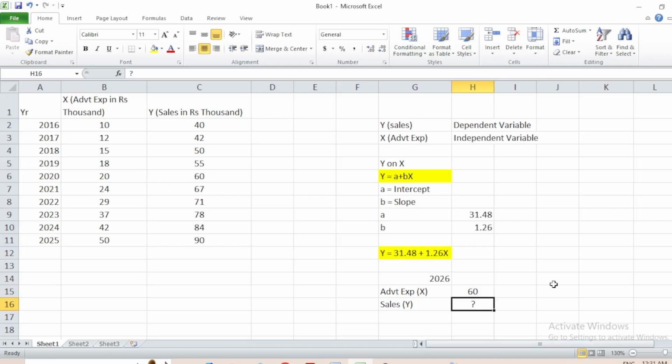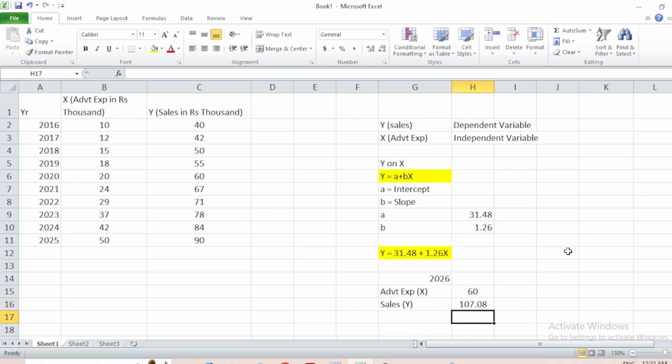So for that you have to put in the regression equation now. Remember, don't write y is equal to. Instead, we will use the function is equal to 31.48 plus 1.26 multiplied by, instead of giving the x, we will give the reference of the cell in which x is given.